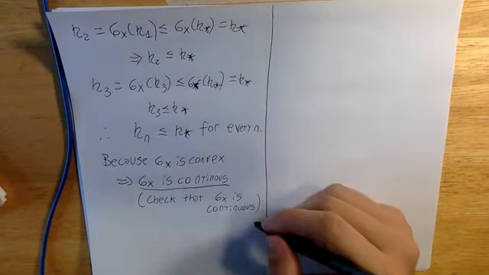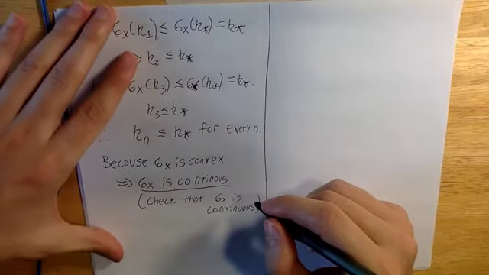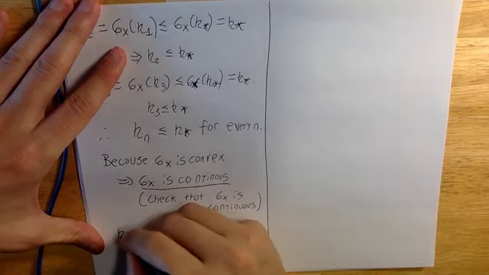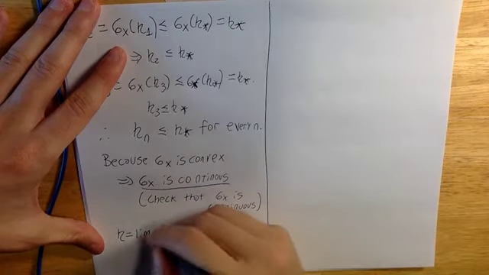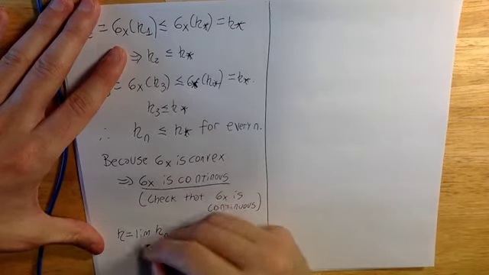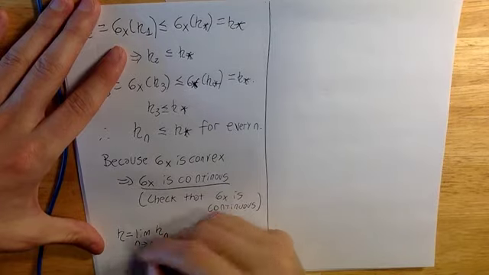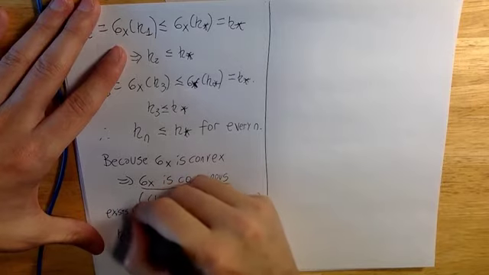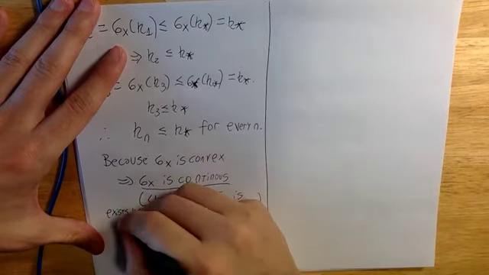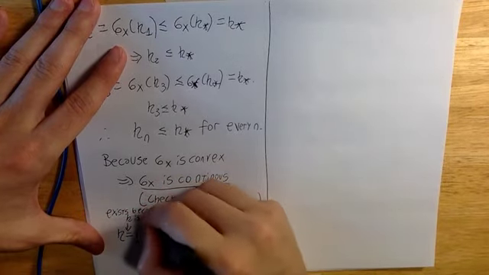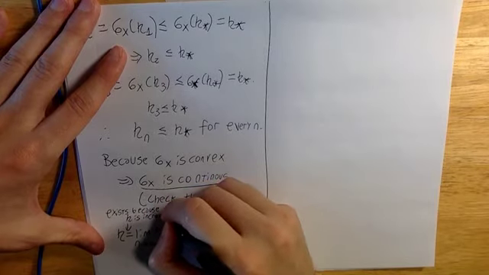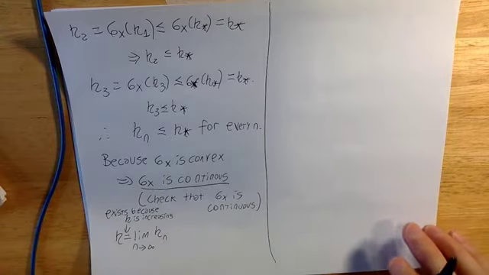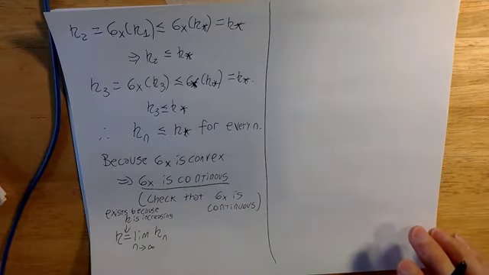Okay, so then η, which is going to be the limit of η_n, exists because η_n is increasing.